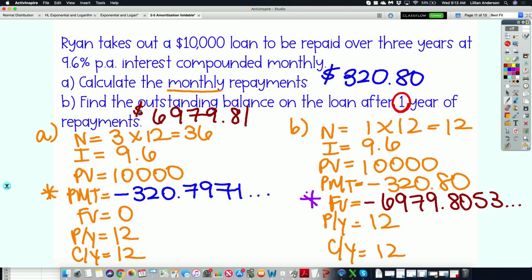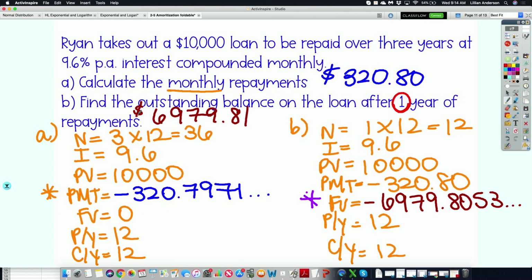Yes. Before I typed it into the calculator, I just multiplied the monthly repayments times 12 and then subtracted that from 10,000. But it's not the same thing as with the calculator. It's close, but it's not the same. So you multiplied the payments by 12, subtracted from 10,000, and got a number that was similar, but not this number.